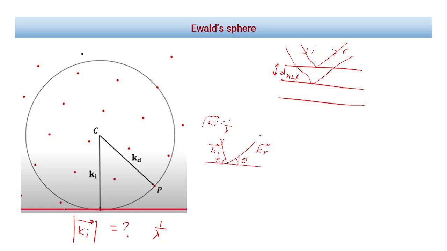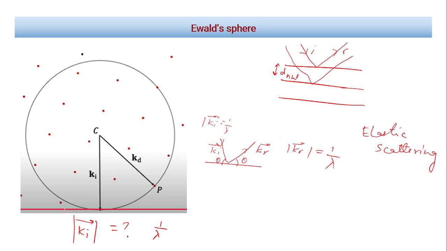Its direction will be this, and its magnitude also will be 1 over lambda, because XRD is elastic scattering, an elastic collision of atoms and X-ray. That means whatever wavelength the X-ray had before colliding, after diffraction it has the same wavelength. So the magnitude will be the same, 1 over lambda.